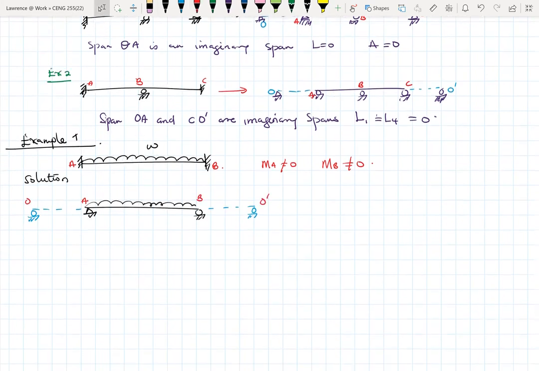In solving it, we can look at span OA and span AB as our first set of spans. So A is our support under consideration. If I take just that part, I'll end up with something like this.